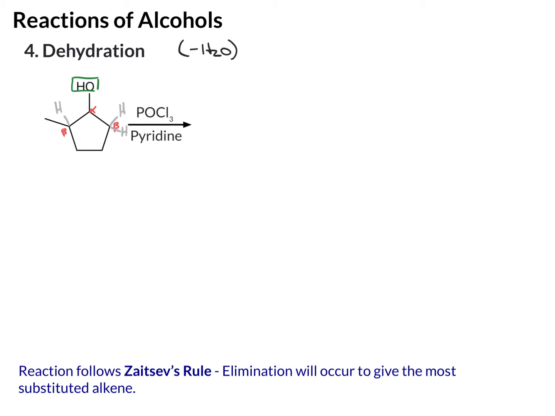So if you were to eliminate the OH and hydrogen across this alpha-beta bond, you would just end up with a disubstituted alkene. But if we instead choose the hydrogen over here and eliminate across the alpha-beta bond on the left, let's look at what we get. In this case, we get a trisubstituted alkene.